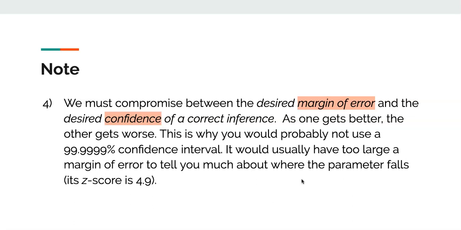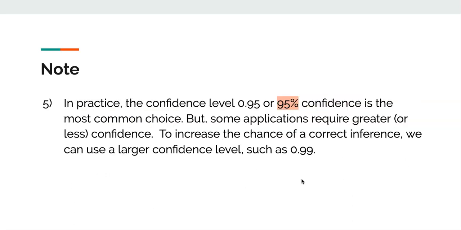And I can tell you my confidence interval is from tomorrow to 10 years from now. I mean, that's not really telling us anything, right? So a wide confidence interval means the confidence level increases, but it's not necessarily going to be good because the margin of error will be way too big.